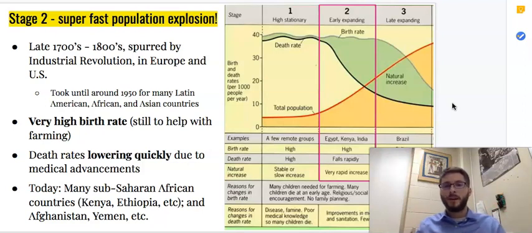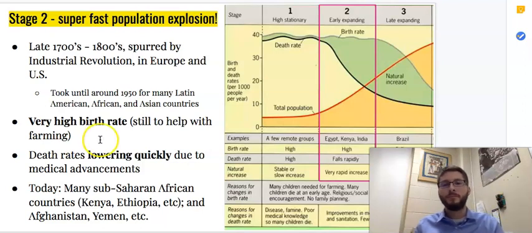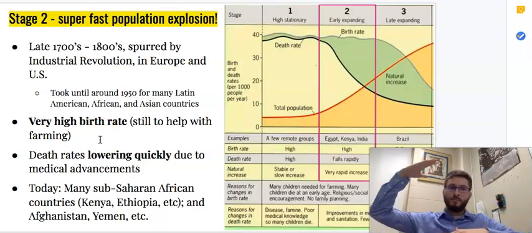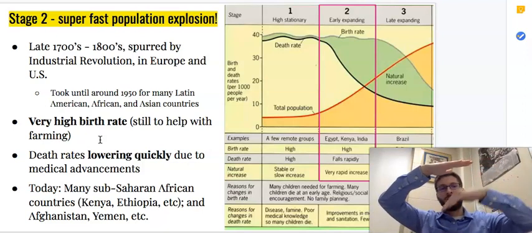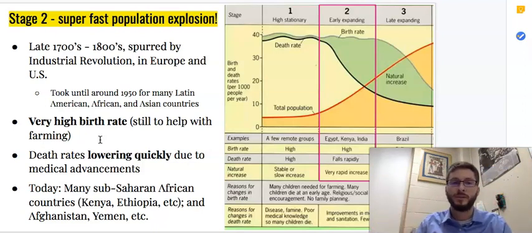And so there's still a really high birth rate because a lot of people are still living in rural settings, working on farm jobs, and families would have needed to have those 5, 6, 7, 10 kids to support the farms. All right. But because of improvements in technology, the death rate is plummeting. So that leaves people still having a ton of babies, death rate going down, all that kind of in between. It means that the population is shooting through the roof, okay?